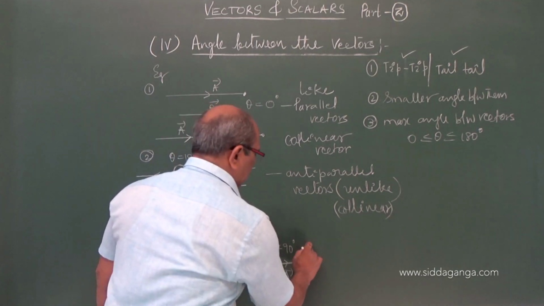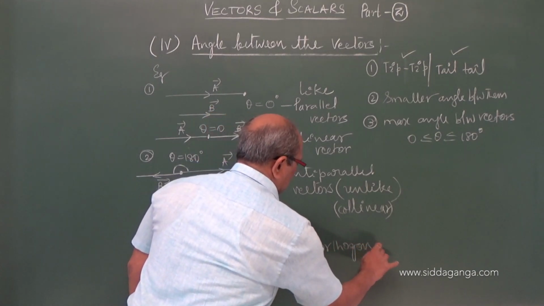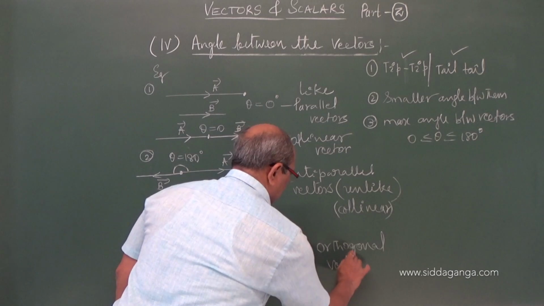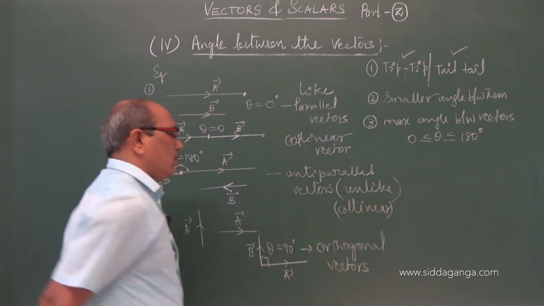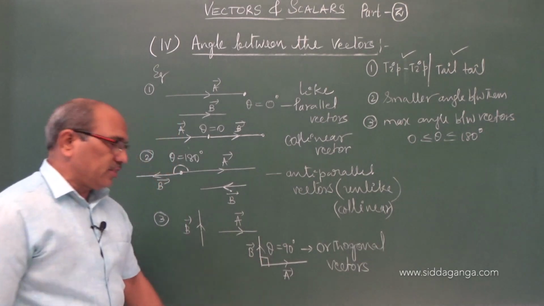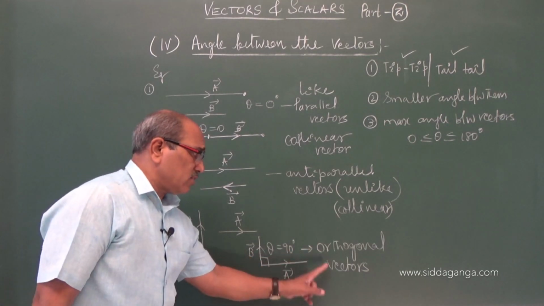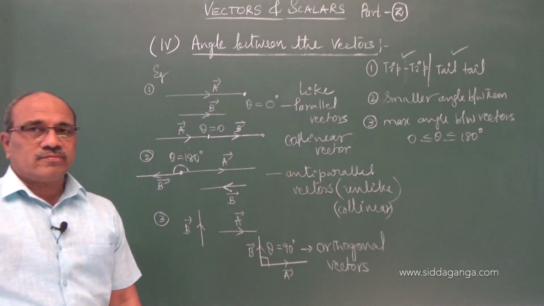If the angle between the two vectors is 90 degree, they are called orthogonal vectors, perpendicular to each other. A and B are normal to each other. Angle between them is 90, then we call them orthogonal vectors.